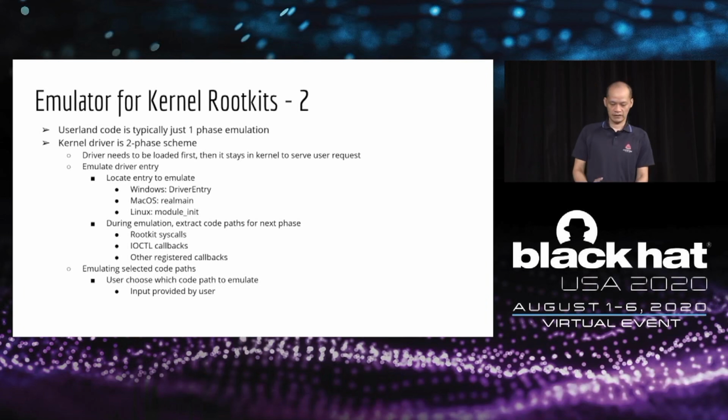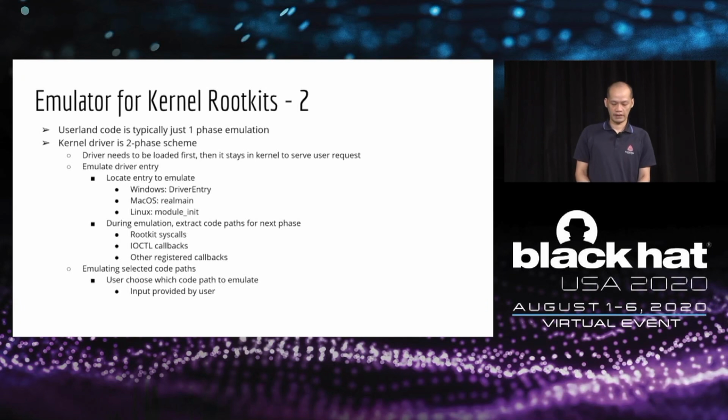And the next phase, the second phase, is that once we get all the callbacks on the code path that we want to explore, we try to emulate the code path that the user chooses to explore.